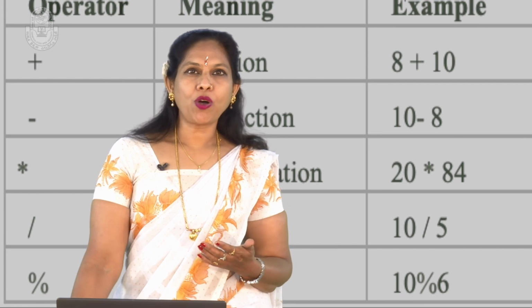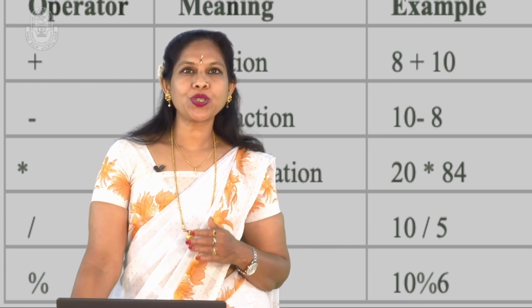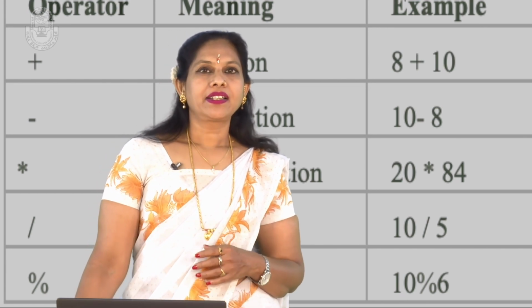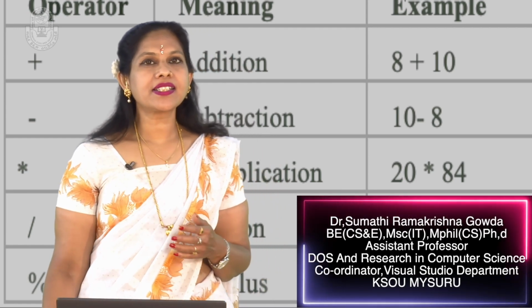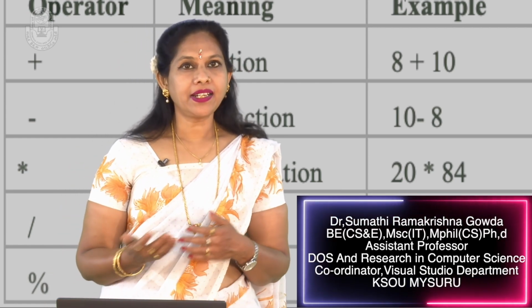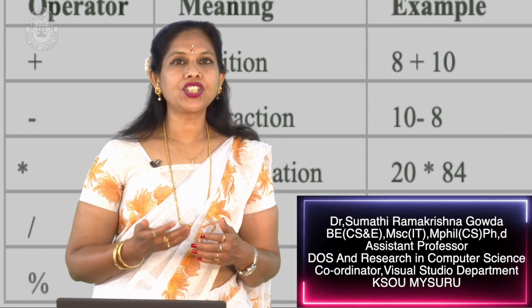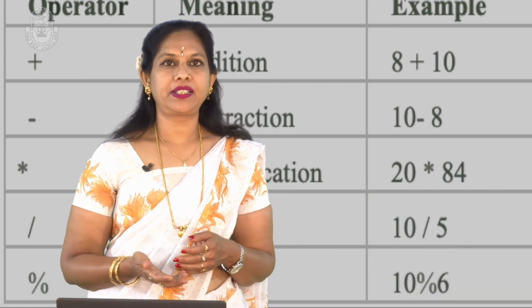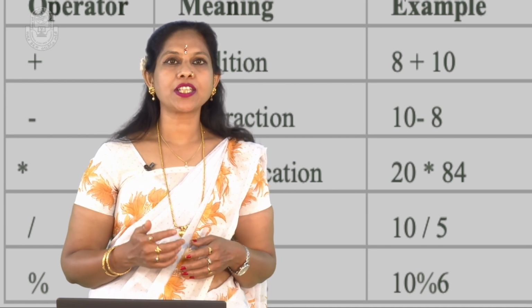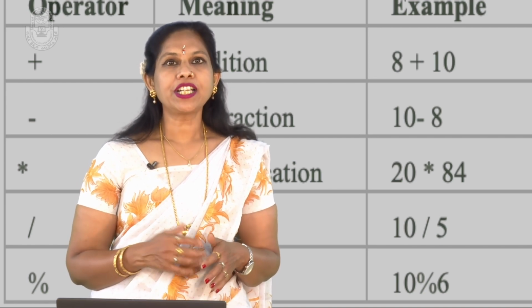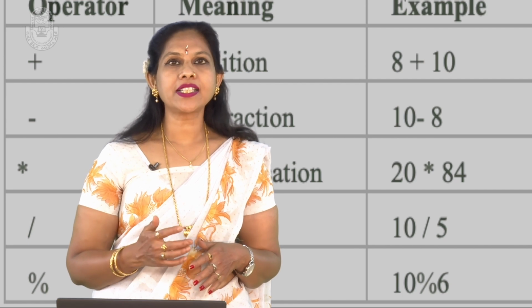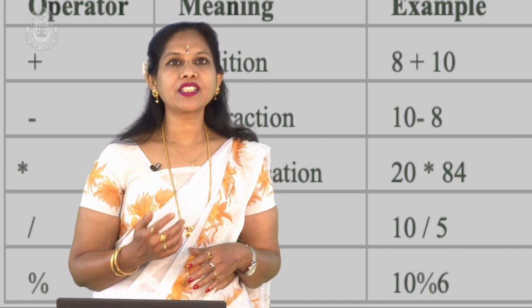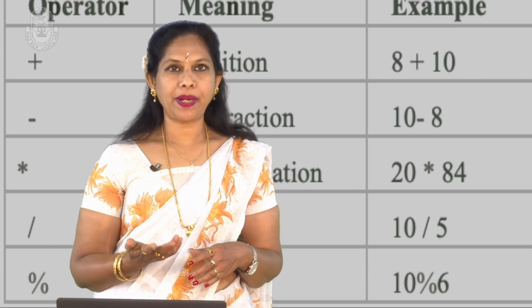The subtraction operator is also used to negate a single operand. Integer division results in an integer. Any remainder due to integer division is ignored. Modulus gives the remainder. Once the division has been completed, for integer types, the result is an int regardless of the type of the operands.